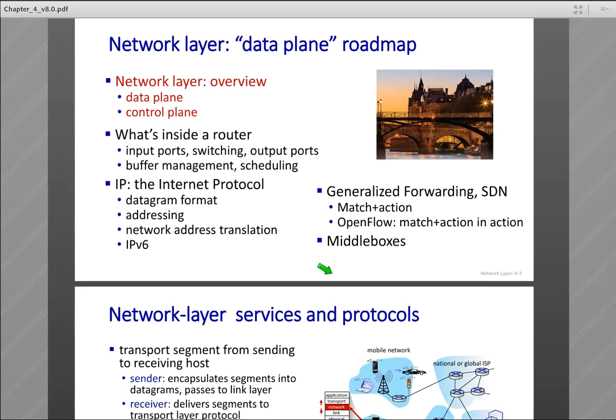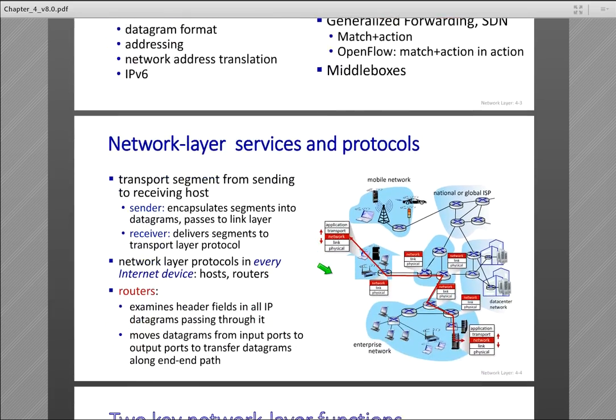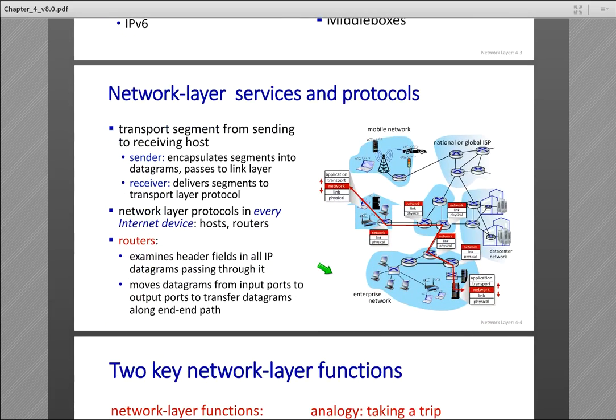Okay, let me talk about the services in the network layer. As we talked about in chapter 1, this layer handles the packet.